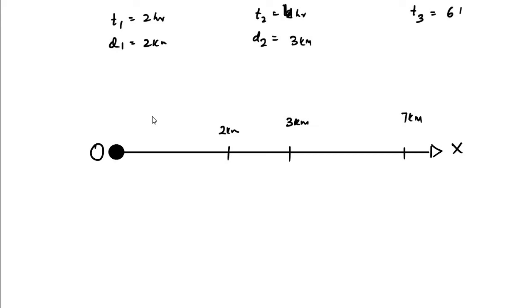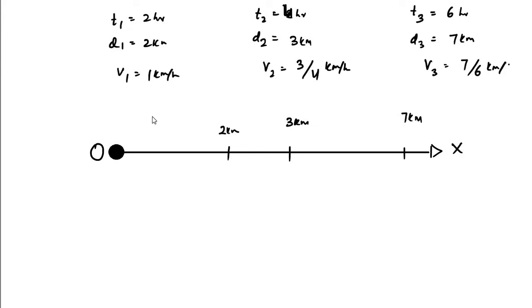And here at 6 hour time, the distance is 7 kilometers. So here the velocity during this interval is displacement by time, the total displacement is 3, the total time is 4, so 3 by 4 kilometer per hour. And here at this point, the total displacement is 7 finally, divided by the total time, which is 6 kilometer per hour. At every point the velocity is changing, it is variable.